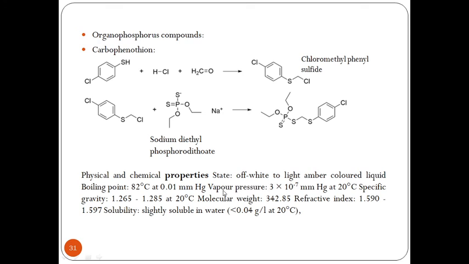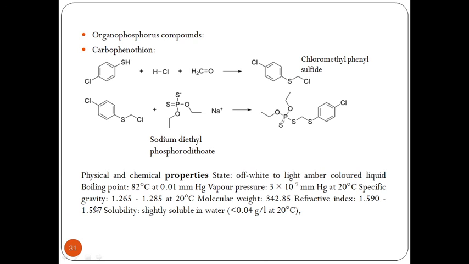Now this will have certain physical and chemical properties. Now carbophenothion is an off-white or a light amber colored liquid. Boiling point is around 82 degrees at 0.01 millimeter of mercury. Vapor pressure 3 into 10 raised to minus 7 millimeter of mercury at 20 degrees.